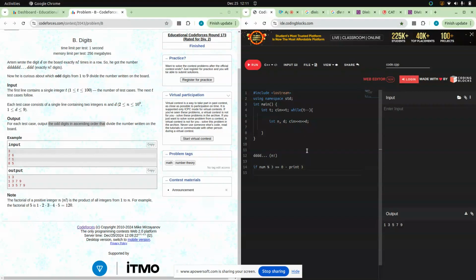Or if num mod 5 is 0, which means divisible, then print 5. And they're saying the same thing for 7 and 9 also. But what would have been the scenario if it was that easy? I can show you, but I don't want to waste time there.